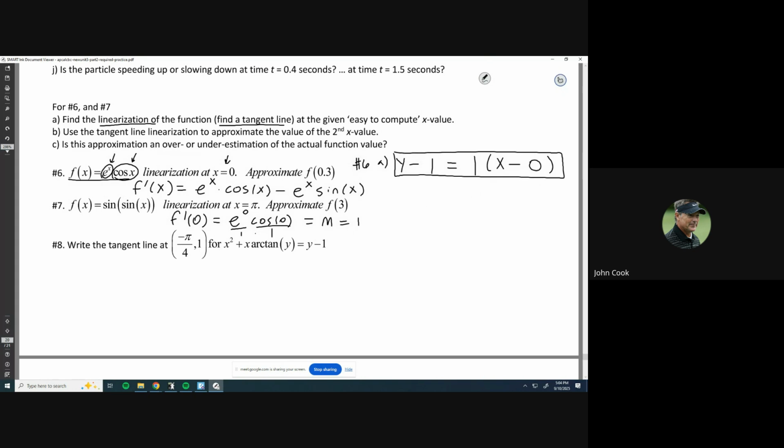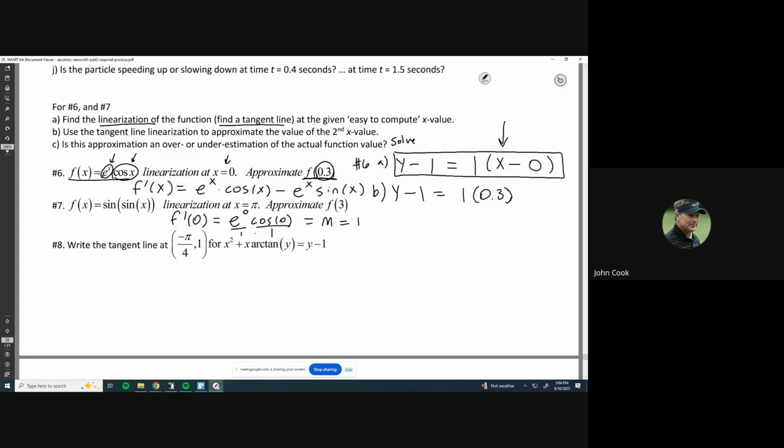All right, and then for part B, it says use this to approximate the second value. The second value that they're talking about is f of 0.3. So what we do for that is we take this value, 0.3, and we plug it in for the x value over here, and then solve for y. So here's how it's going to look. For part B, y minus 1 is equal to 1 times parentheses our x value, which is 0.3 minus 0.